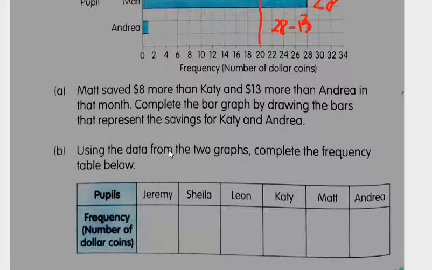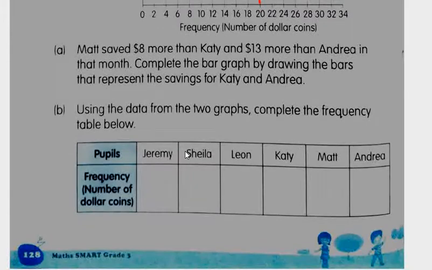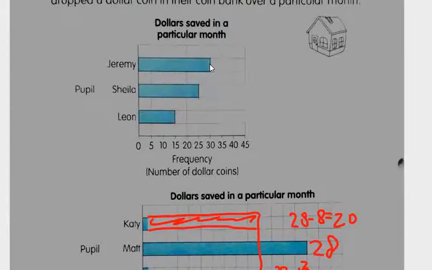Okay, now using the data from the two graphs, complete the frequency table. Jeremy, okay. So you just fill in the table by looking at the graph.